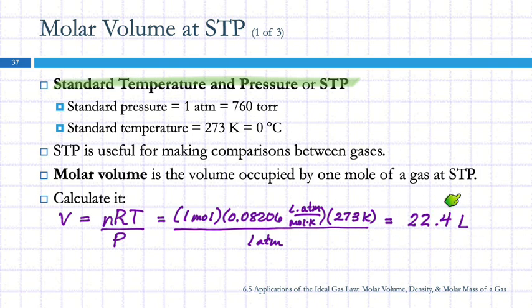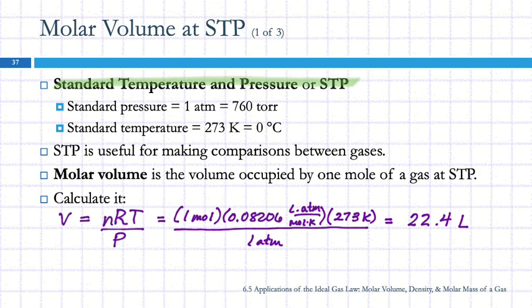So this is the volume of 1 mole of any gas at STP. And so this is a very useful conversion factor. The students sometimes get a little carried away. You can only use this with gases.